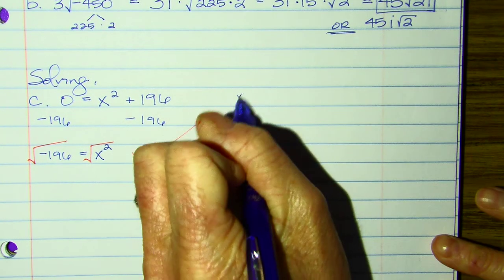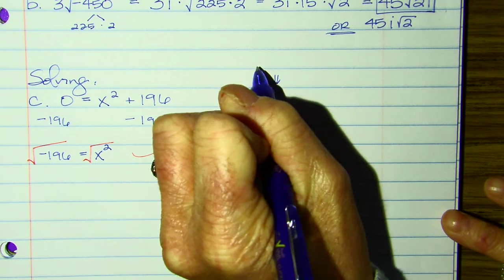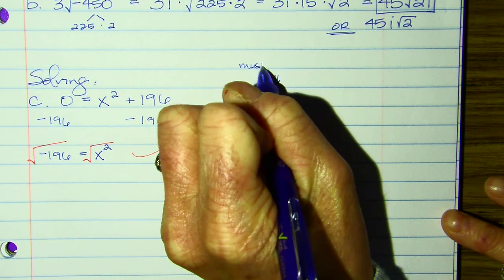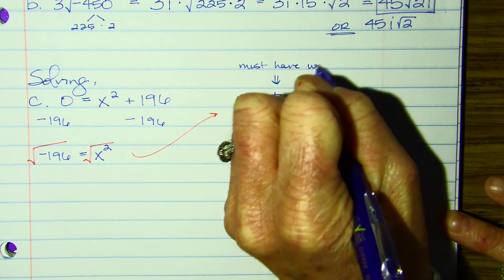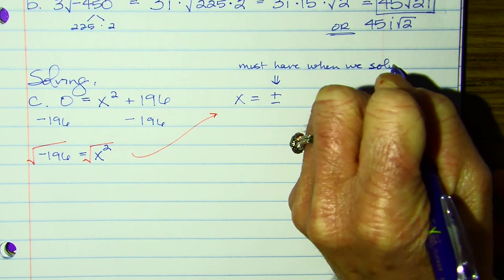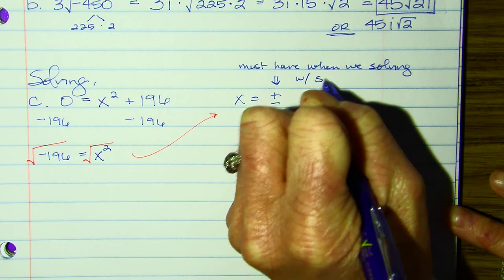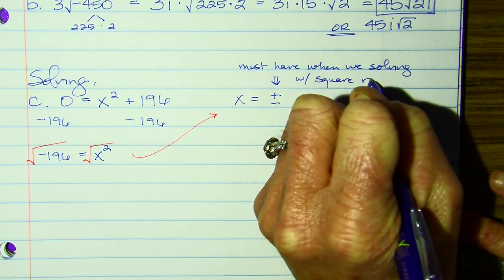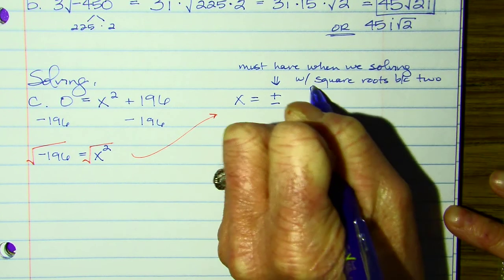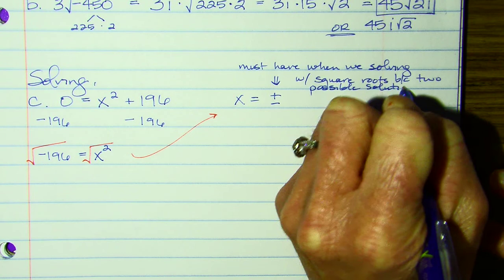So x equals, I need plus or minus. This happens anytime we solve with square roots because there are two possible solutions.